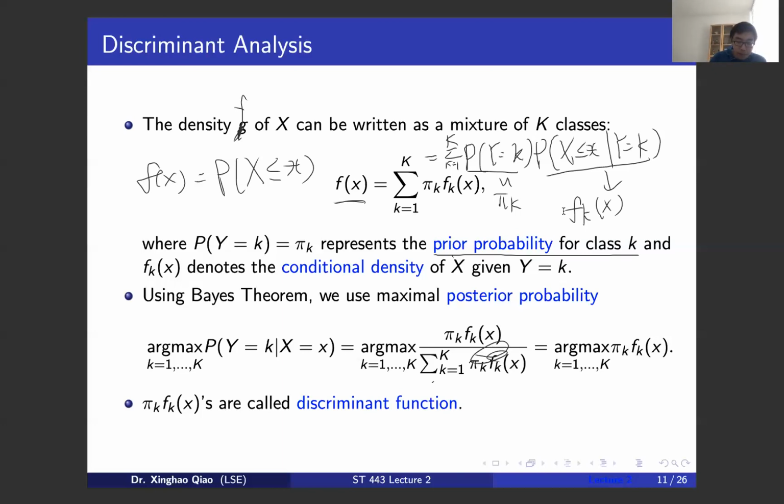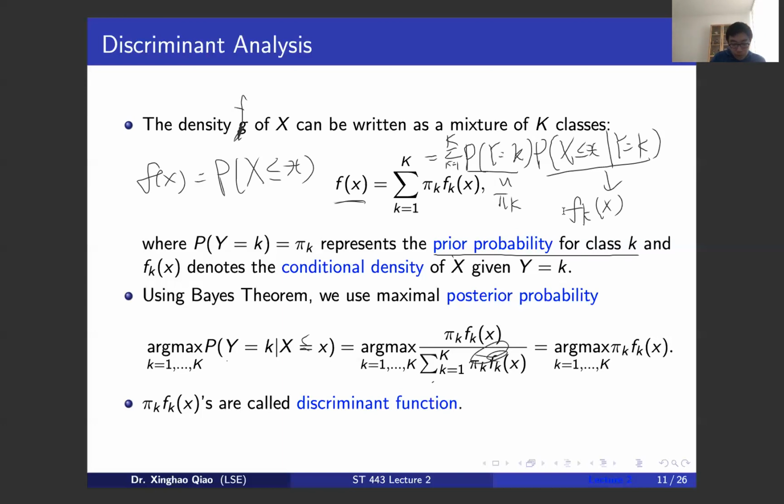Then, by the Bayes theorem, our target is to estimate the probability that Y belongs to the k-th class, given that X equals small x. If X is a continuous random variable, we may set capital X smaller or equal to small x.